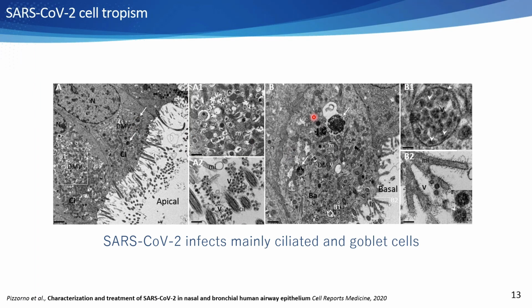So it is very intriguing to see that SARS-CoV-2 infects mainly these two types of cells, ciliated and goblet cells, and to a lesser extent the progenitor basal cells.